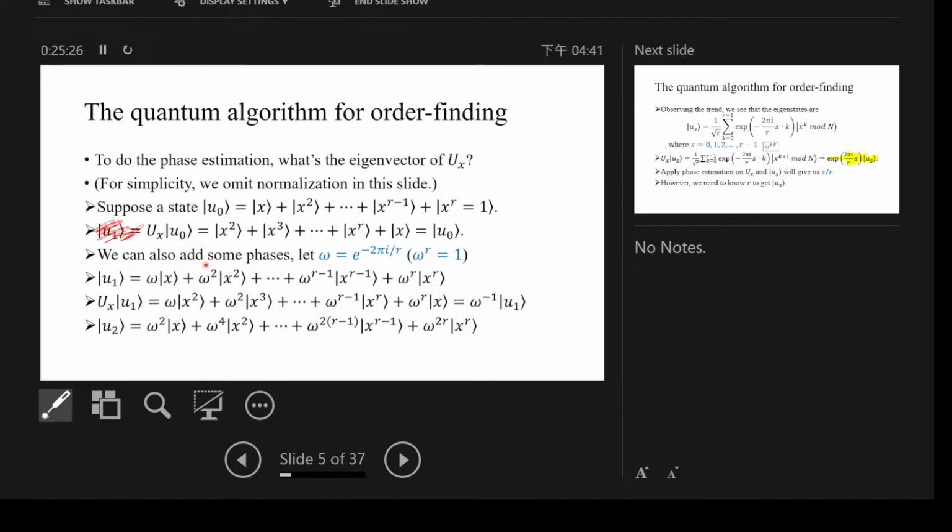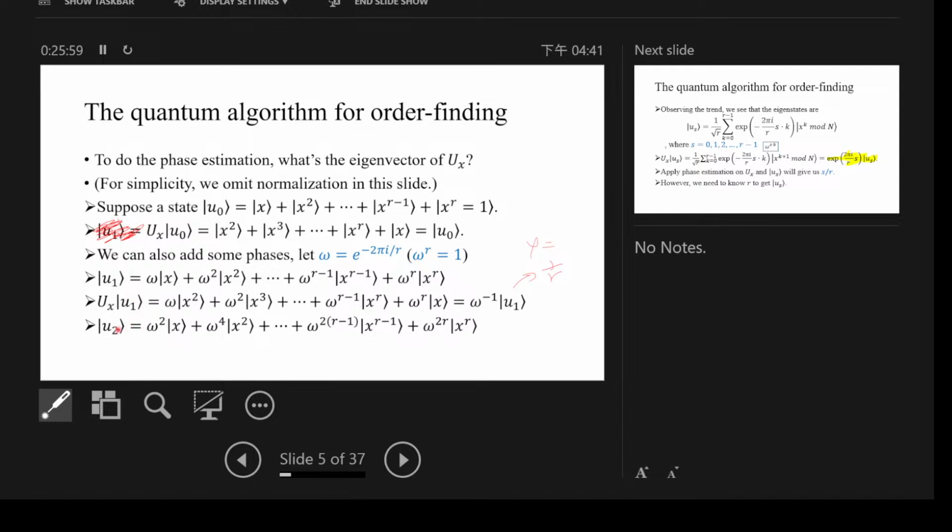Then it was omega squared here, and it becomes omega. And it was omega here, and it was actually 1 here, etc. So we get an omega to the minus 1 factor. So the eigenvalue is omega to the minus 1, which is e to the 2 pi i divided by r. And so here you see the phase is 1 over r, so psi equals 1 over r for this U1.